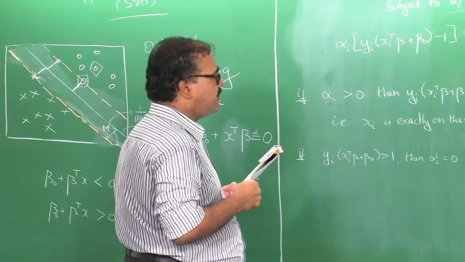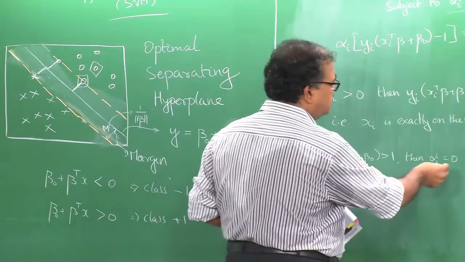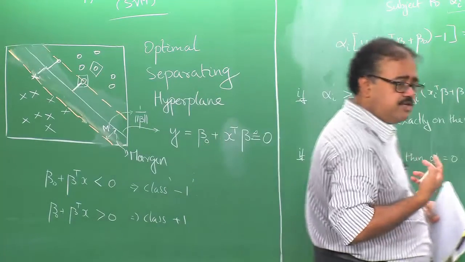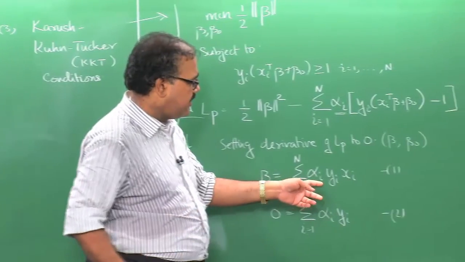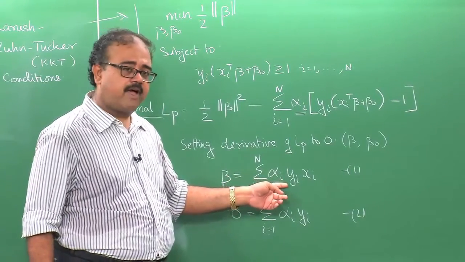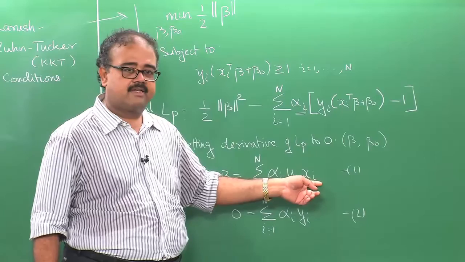So, what does this mean for us? The solution that we want to get, which is beta, is formed by taking the sum of the products of alpha i's, y i's and x i's.